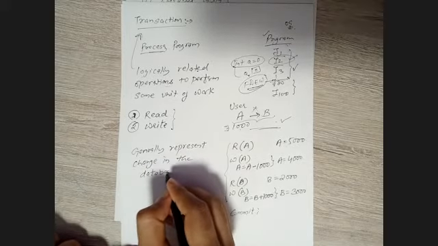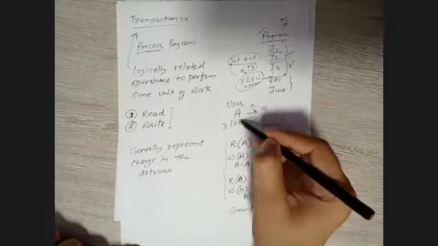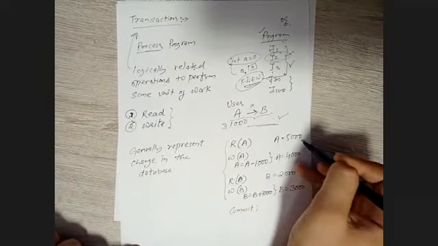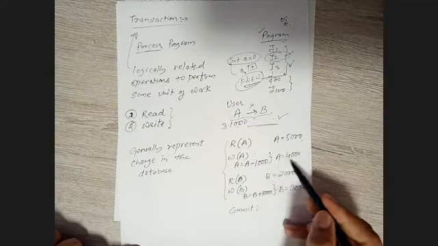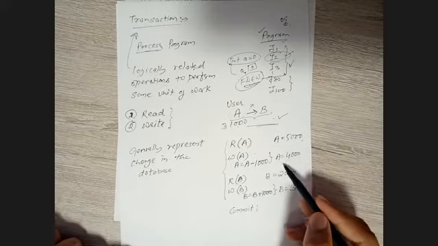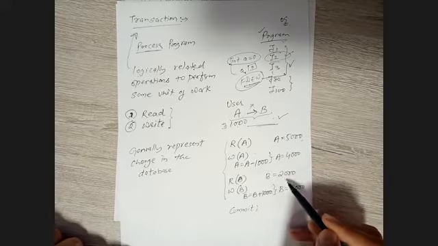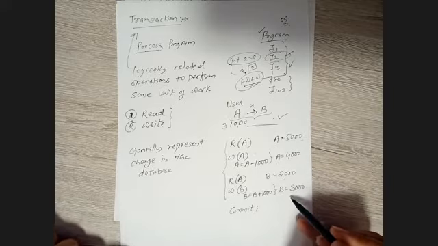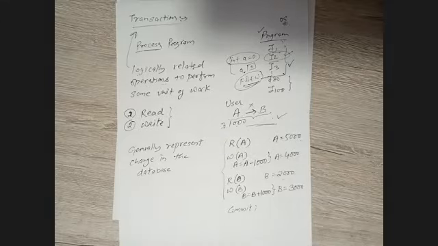We are performing a change in the database. Initially in the database A was 5,000, and after changing some values we got A as 4,000. For B it was 2,000 and now it is 3,000. So we performed a transaction and changed the values in the database, but it should be consistent. We'll see that.